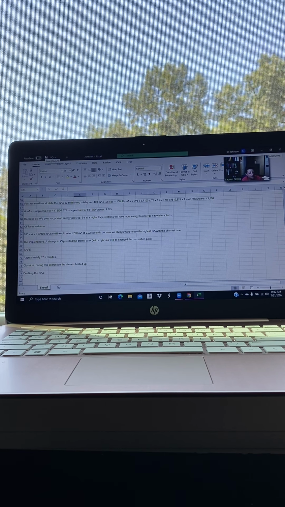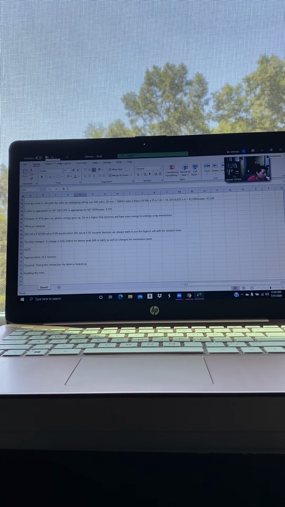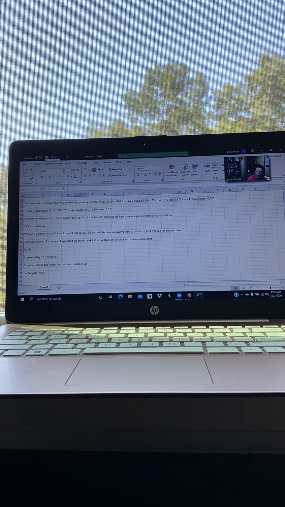So 100 times 75 times 1.45 is 10,875 heat units. You had to take it a step further and multiply it by 4 because 4 exposures were being made. So the total is 43,500 heat units. If you stopped at just 10,875, I only took a half a point off, because it was a 1 point question. So it was 43,500, because it's 100 mAs times 75 kVp times 1.45.